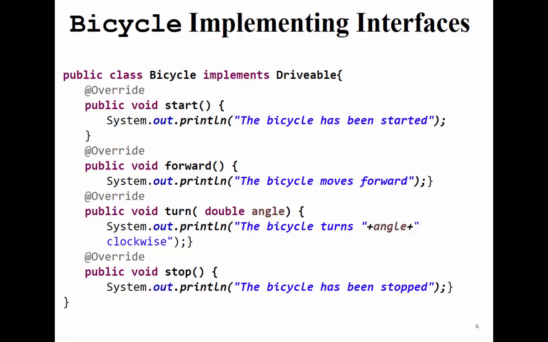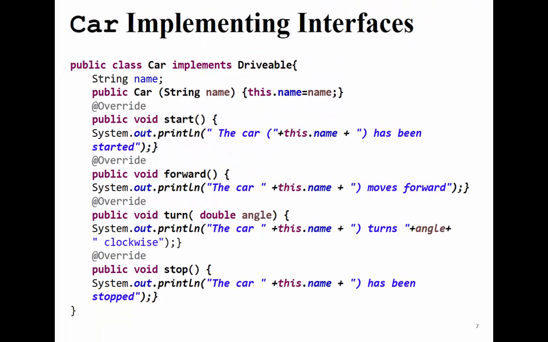In this basic example, we have Bicycle implementing only a single interface, Drivable. And again, we saw that a Car is a moving object and also implements Drivable. So we have 2 objects that implement the same Drivable.